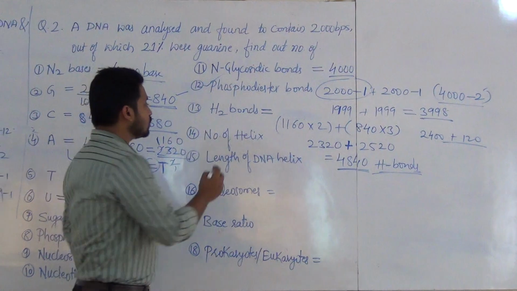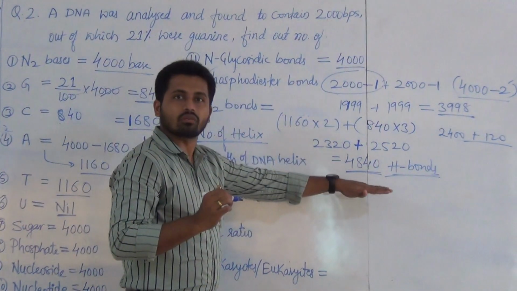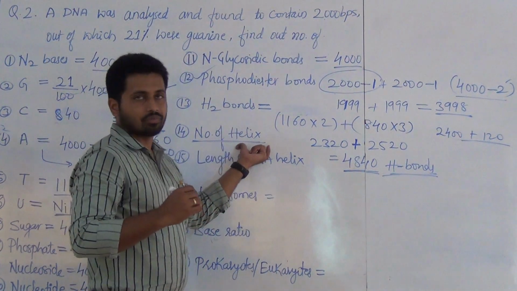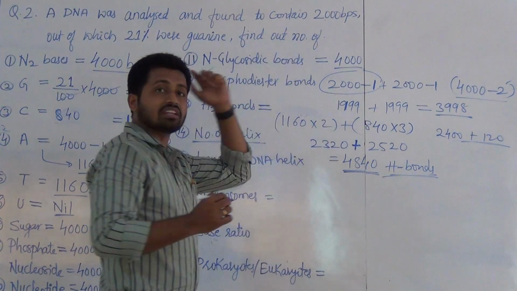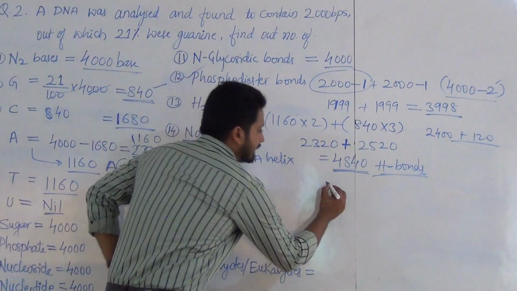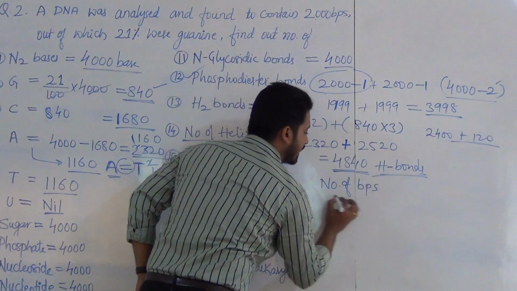This one. Now coming to number of helix. Okay, so it is slightly shifting to the lower one. So just concentrate here. Number of helix. What is that? You know already how many base pairs are there? 2000. That is number of base pairs.